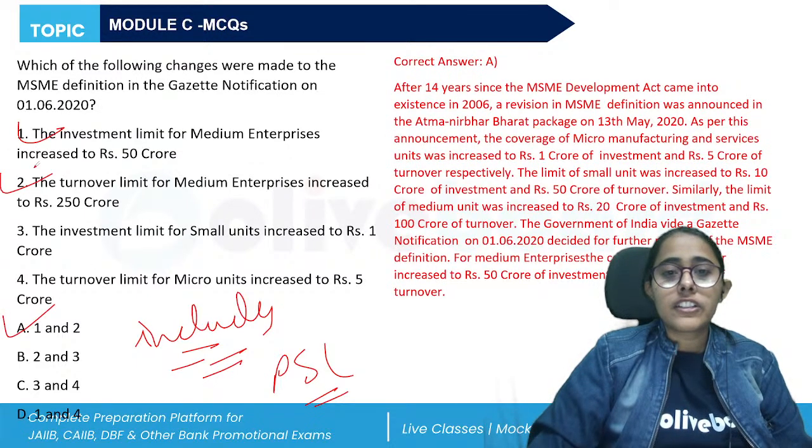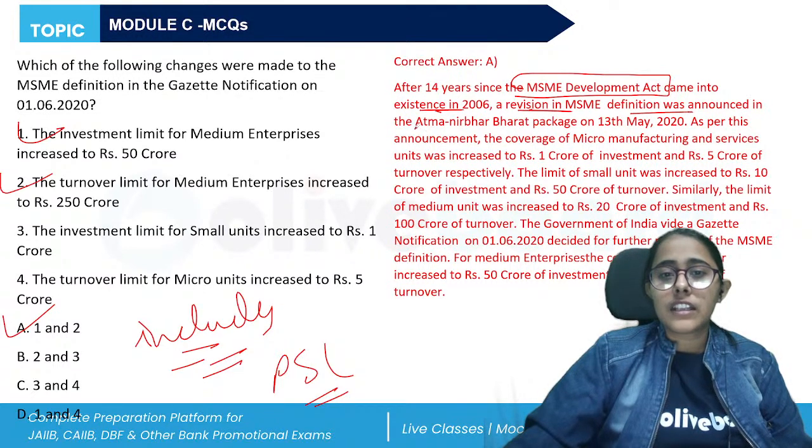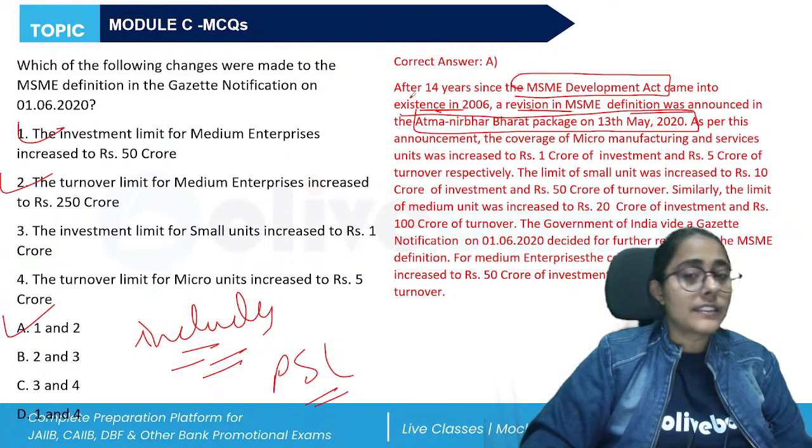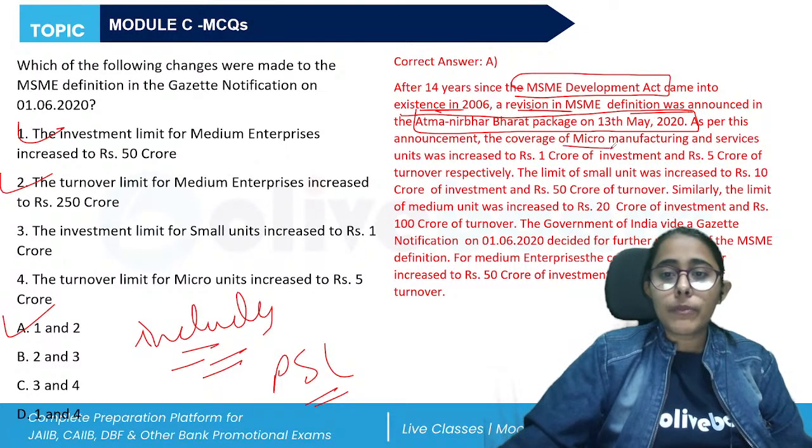So here the definitions are given. After 14 years since the MSME Development Act came into existence in 2006, a revised MSME definition was announced in the Atmanirbhar Bharat package in 2020. So you need to remember this. Here, the coverage of the micro manufacturing and services units was increased to 1 crore.